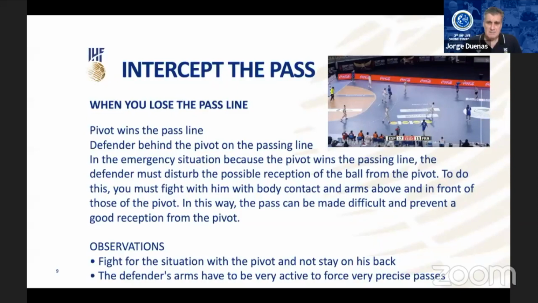So in this case, I think the defender must fight the pivot with body contact, very important body contact. And for me, it's also very interesting to use the arms above and in front of the player.